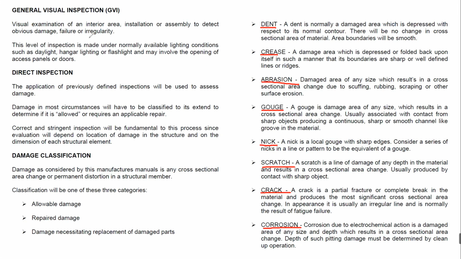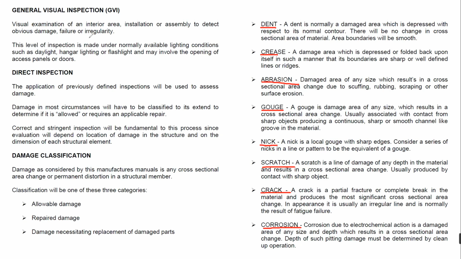So it is very important to identify what type of damage you have, because sometimes they look the same, and you have to be familiar with how to properly identify whether it is a scratch or a crack. There are differences.